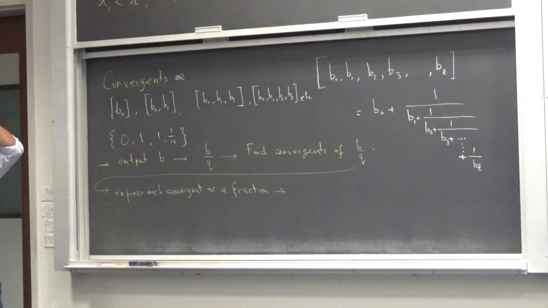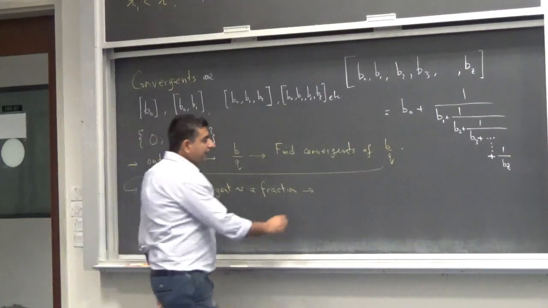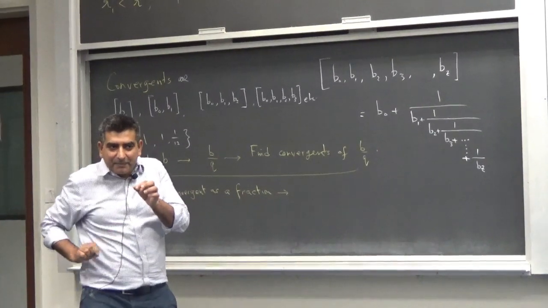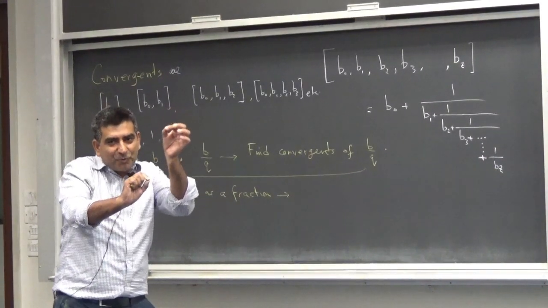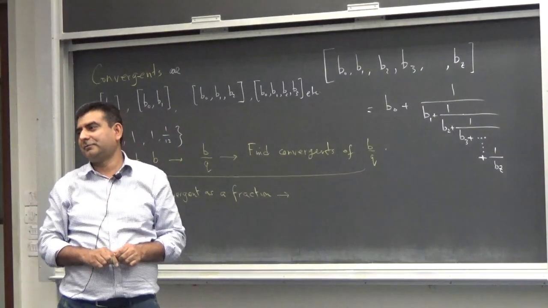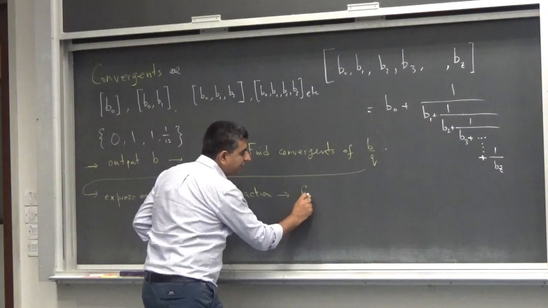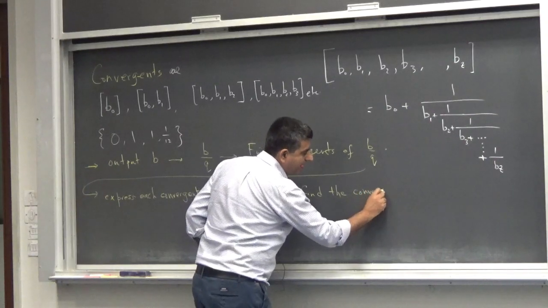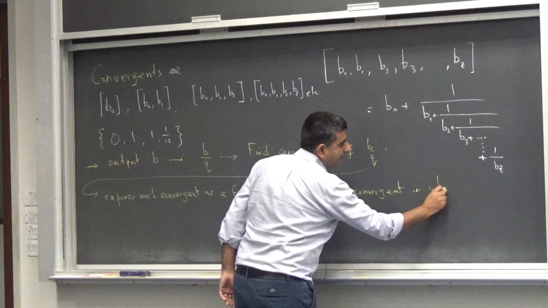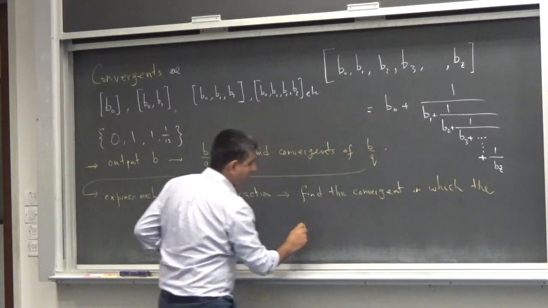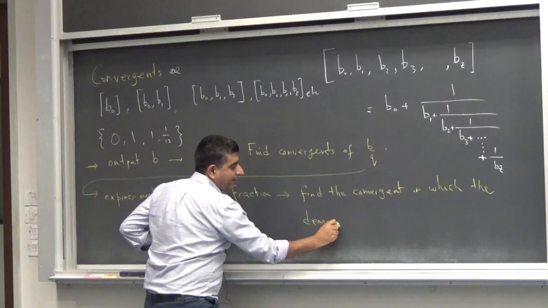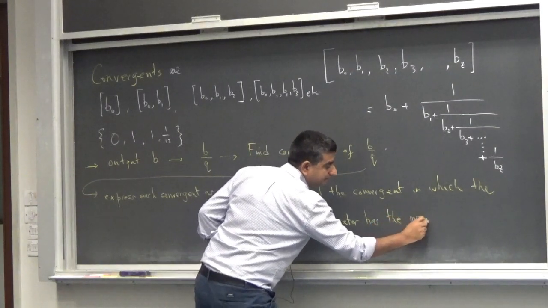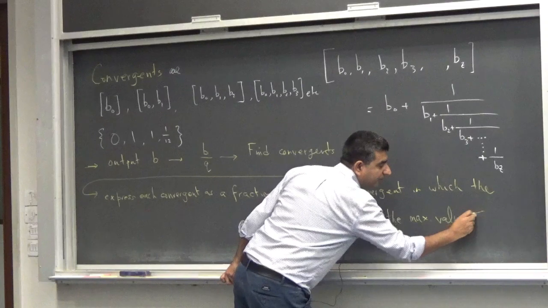I express each convergent as a fraction, and then I choose the convergent in which the denominator has the maximum value smaller than capital N. So find the fraction or find the convergent in which the denominator has the maximum value smaller than capital N.